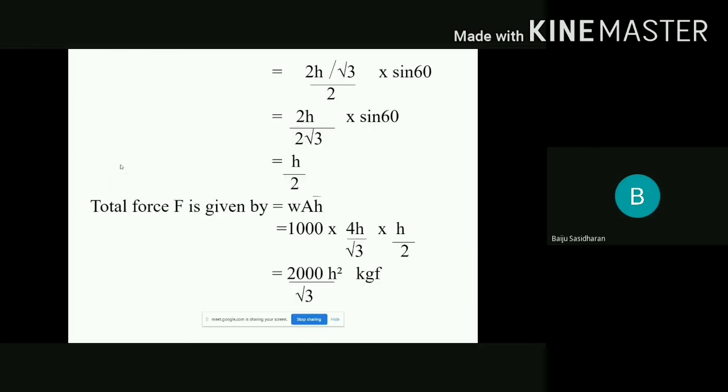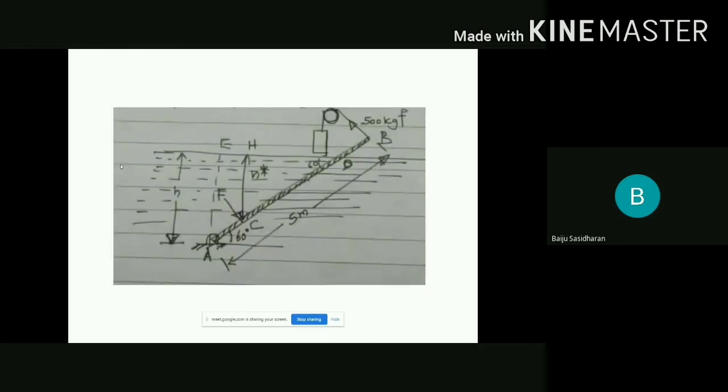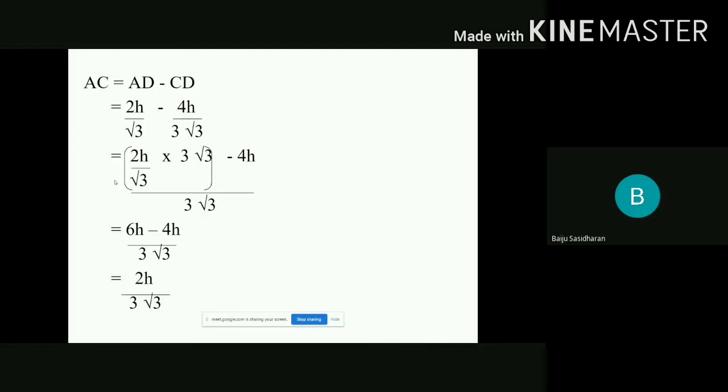Now please look at this figure. You already found out this distance AD. So this AD minus this CD will give this distance AC. Then AC is equal to AD minus CD. Then you will get the value for AC, that is 2H by 3 root 3.